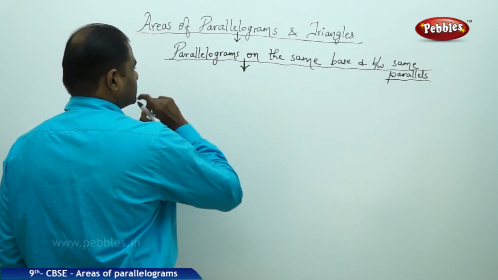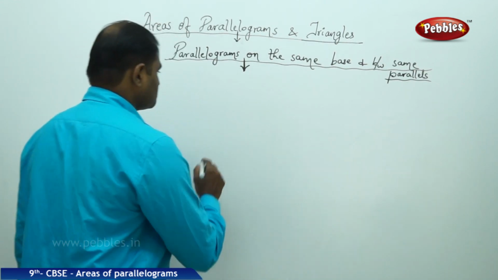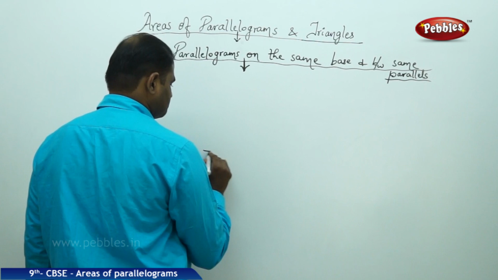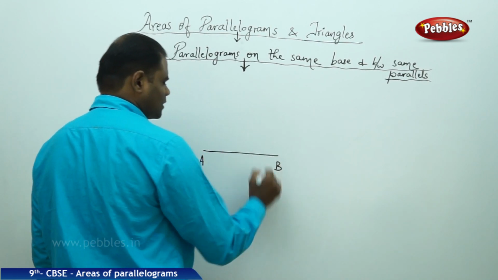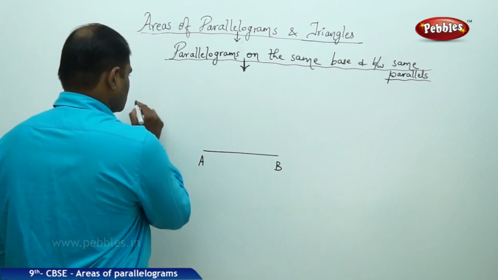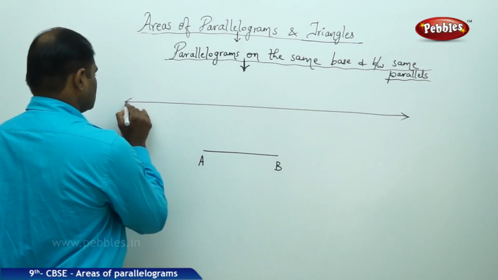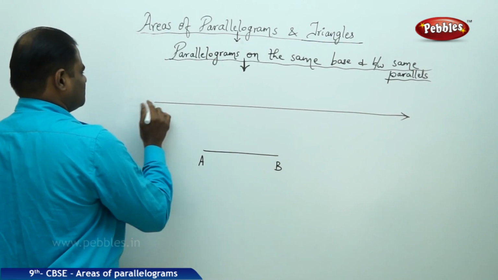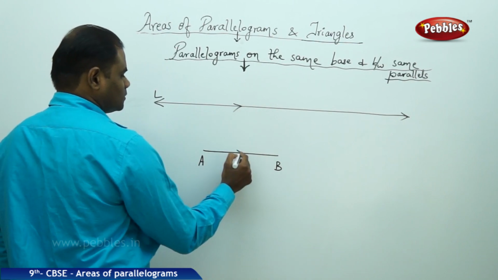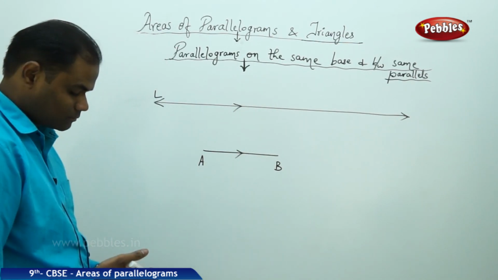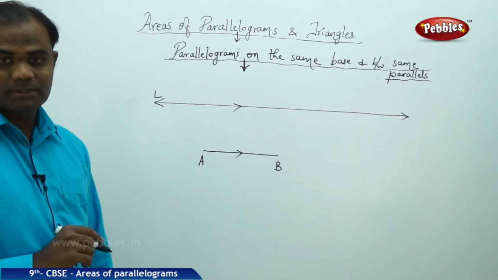So let's take the parallelograms on the same base and between same parallels. Let the base be AB out here. Let there be a line L which is parallel to the base AB. Now here, let me take two parallelograms.